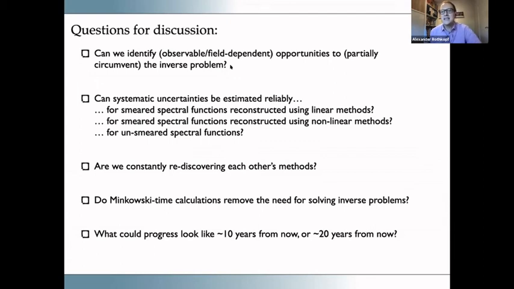And indeed, there are efforts, for example, on heavy quark diffusion to realize this, but this really depends very specifically on the physical process at hand.